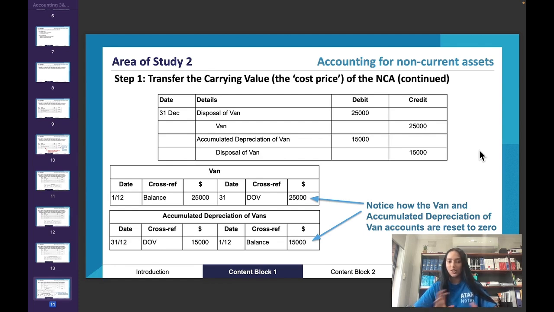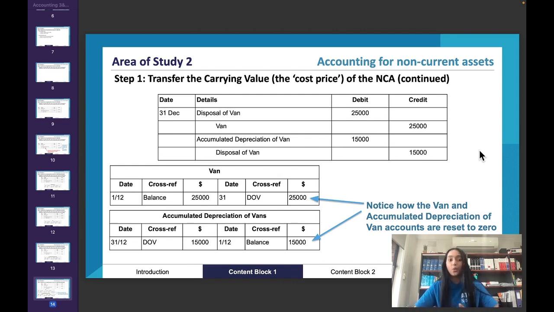So essentially it's 25,000 minus 25,000, which resets the van account back to zero. And same thing with accumulated depreciation of van. We had the opening balance on the credit side of $15,000 and the debit entry of $15,000, which essentially resets the accumulated depreciation of van account down to zero.